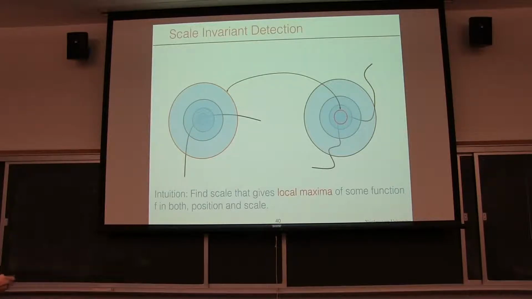Let's go back to my example of the zoomed-in corner. Okay? What we're going to do is evaluate some function at the place that we're dealing with. And we would like that function to be invariant to scaling. Okay?